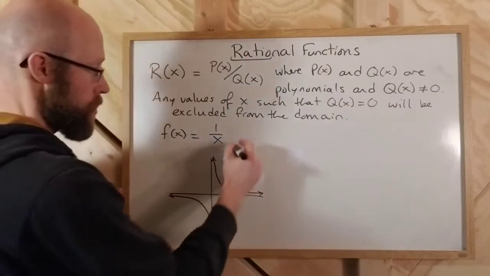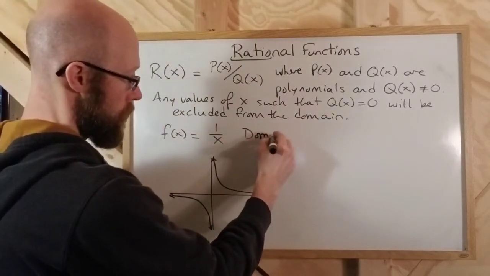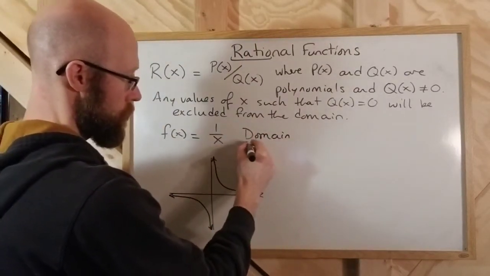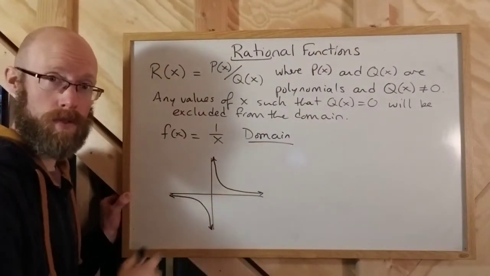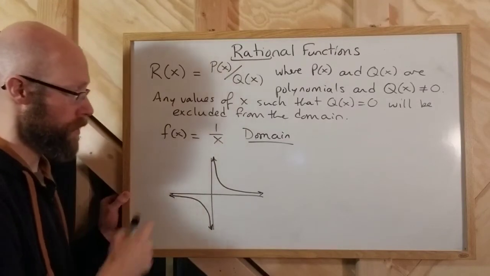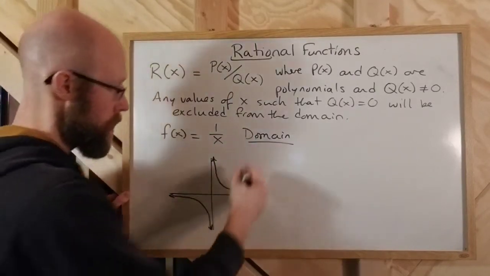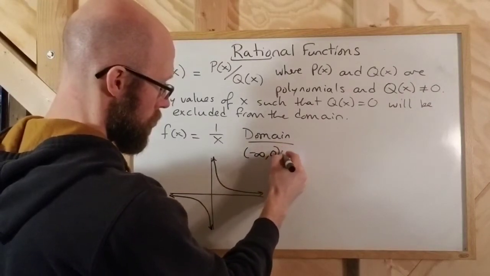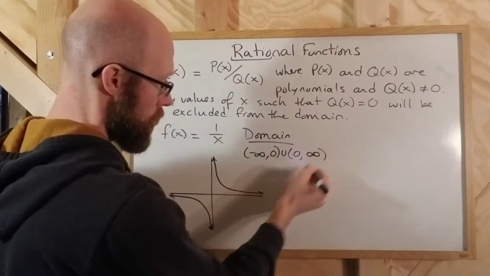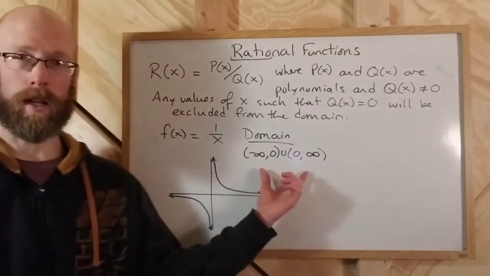Okay, and then we determined from that that the domain was going to be all real numbers except for 0, right? The x value of 0 does not appear in the domain, and so that would be negative infinity to 0, union with 0 to infinity, if I were writing it in interval form.